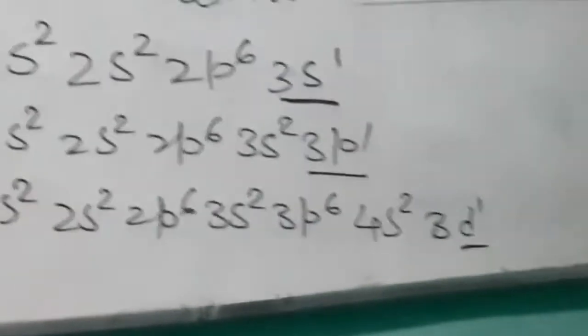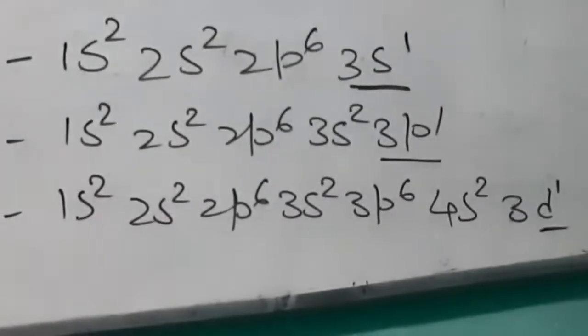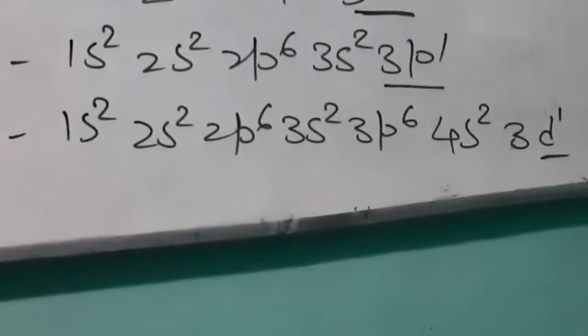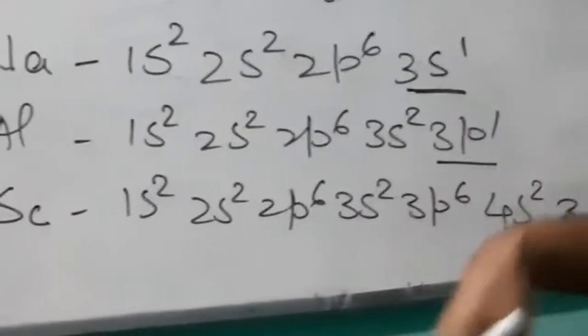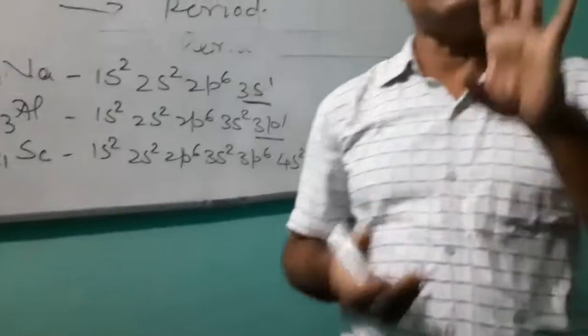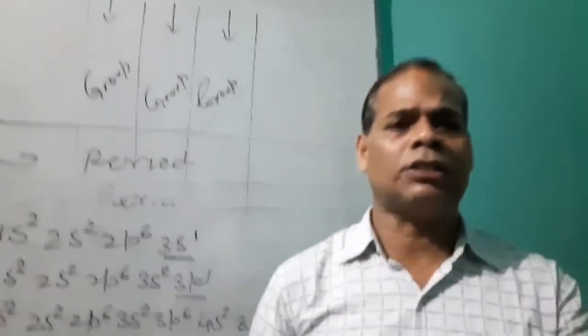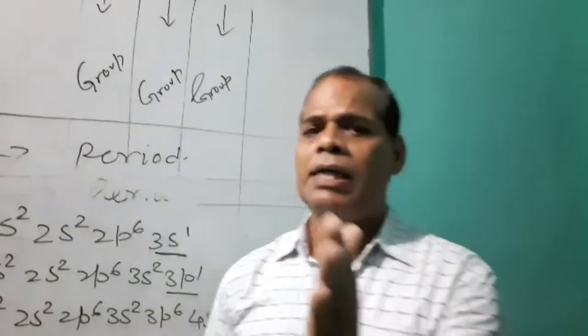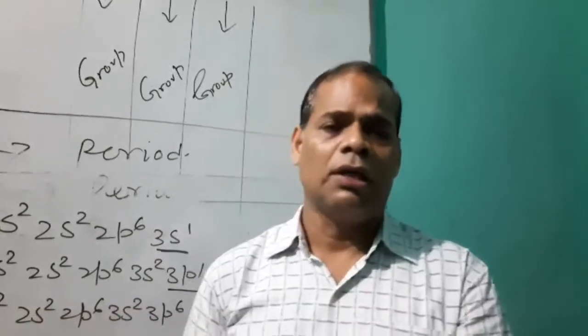The last electron goes into a d orbital, so scandium belongs to the d block. Similarly, there is the f block. So the whole periodic table is divided into 4 blocks: s, p, d and f.